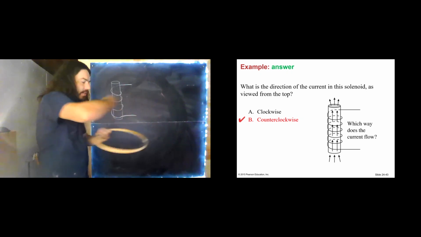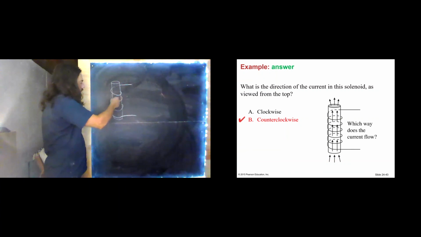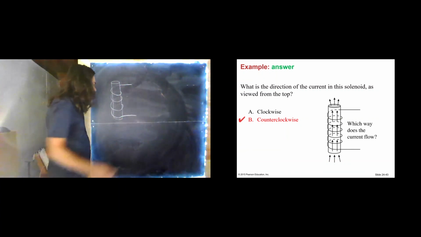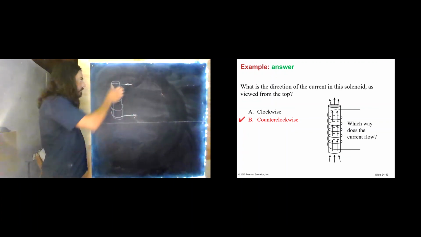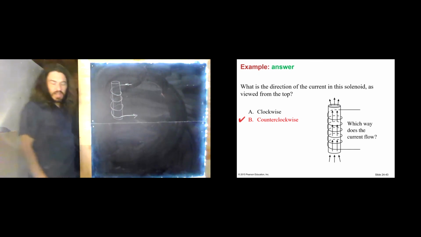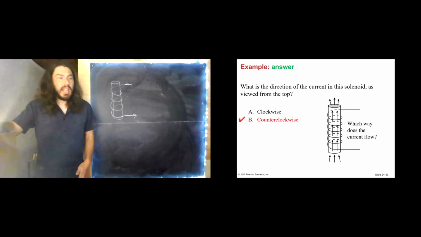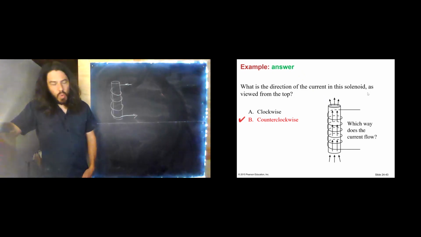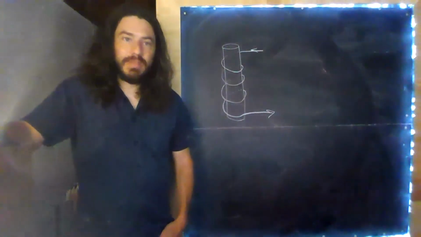So it's coming in over here, out over here, in, out, in, out. My current must be going like this. When viewed from atop, I still get counterclockwise. All right, a little bit tricky, but we're starting to see why magnetic phenomena is fundamentally a three-dimensional phenomenon.